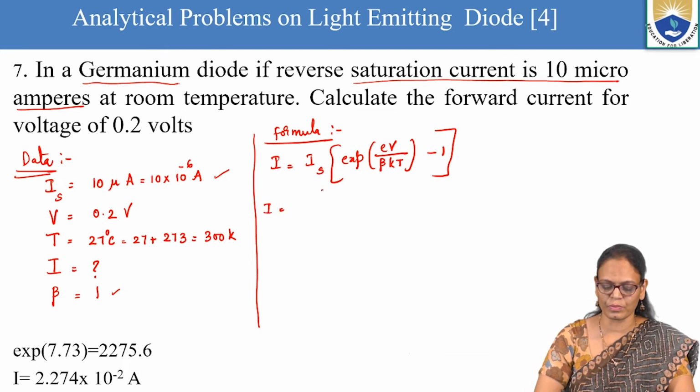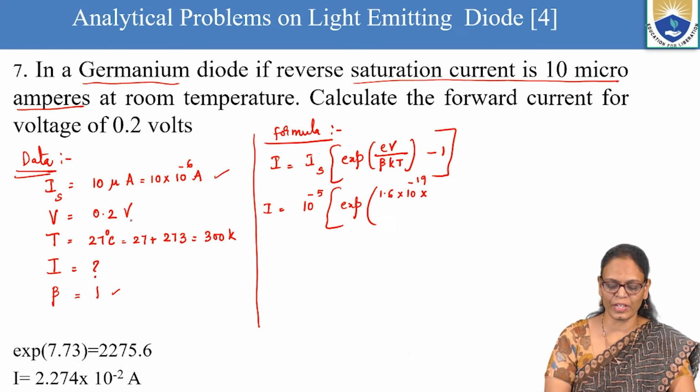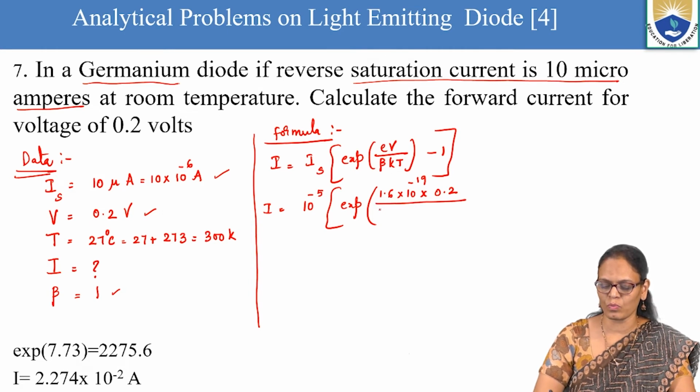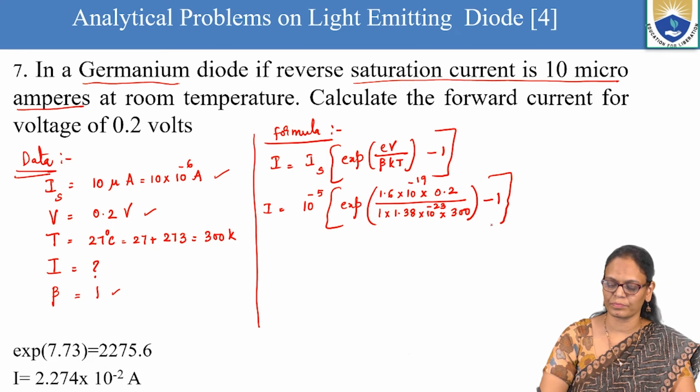So I is equal to, I can write it as 10 power minus 5 exponential. e is the charge of the electron, 1.6 into 10 power minus 19, and the voltage given is 0.2 volts, divided by 1, beta value is 1, into k is 1.38 into 10 power minus 23, into the temperature here is 300, minus 1.